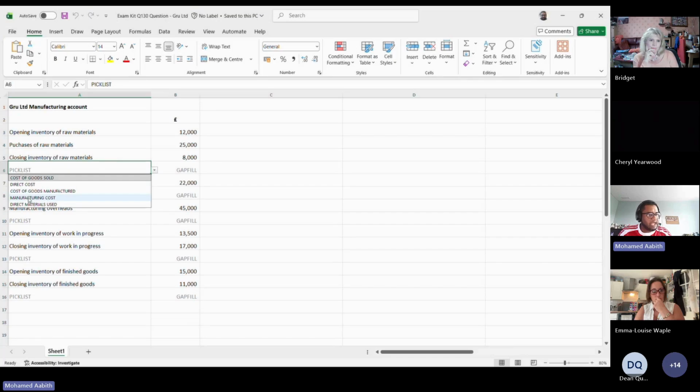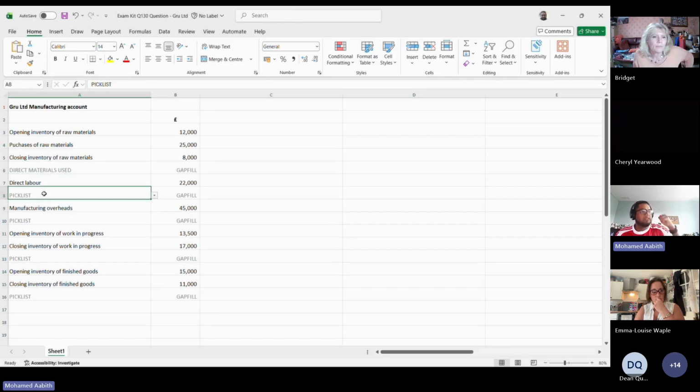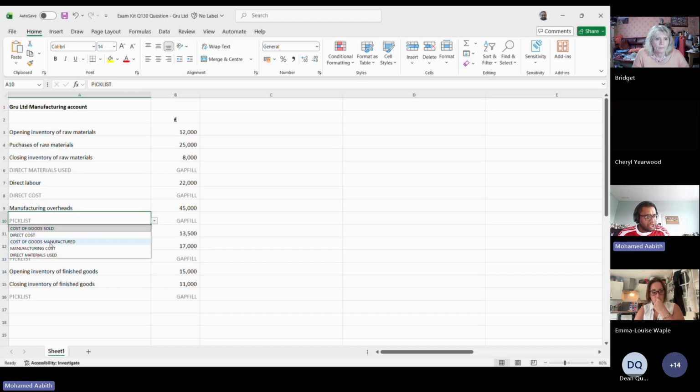So if I'm going to look at that here, the direct material use, that is the first box. Then you add to that your direct labor, and we will find either the direct cost or the prime cost, because that is another name they use, prime cost. And then to it, you add any manufacturing overheads, and then you will get the manufacturing cost.